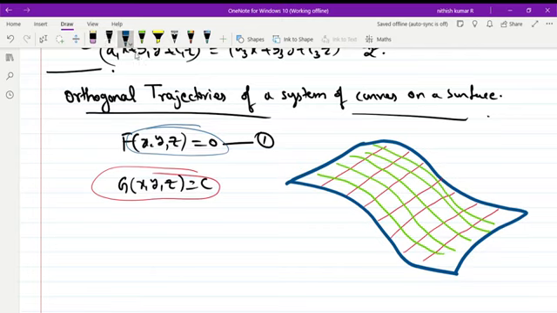Let's take green. Okay, pink. Okay, now let's draw a point. At this point, we say x, y, z. X, y, z.